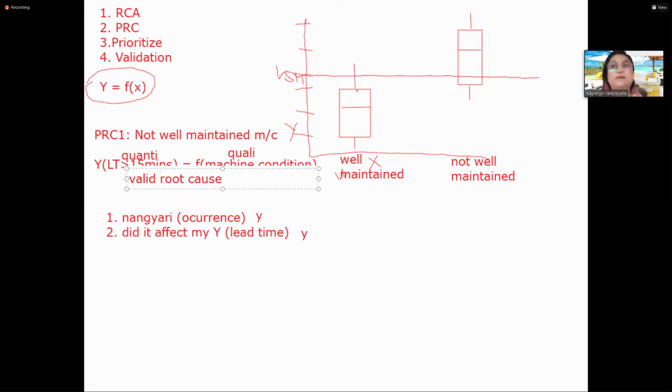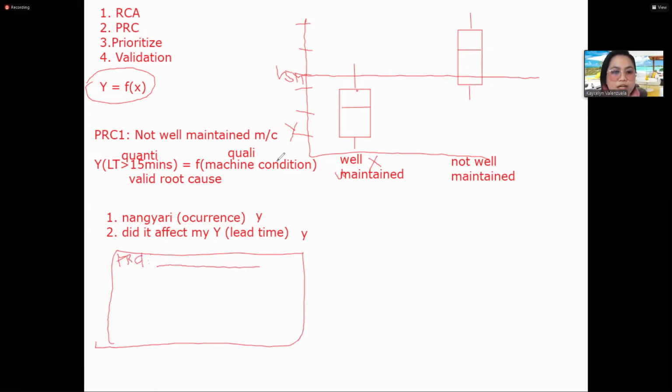So, that's how you will present sa inyong case study. How will your case study slide look like? So, kung ito yung inyong slide, meron kang PRC1. So, state nyo kung ano yung PRC mo, yung na-identify yung potential root cause. Show here your graphical representation. Okay, it can be your box plot.